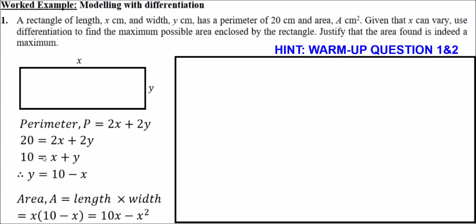And of course, the area of any rectangle is length times width, in our case, x multiplied by y. But of course, y is 10 minus x, which gives us 10x minus x squared.